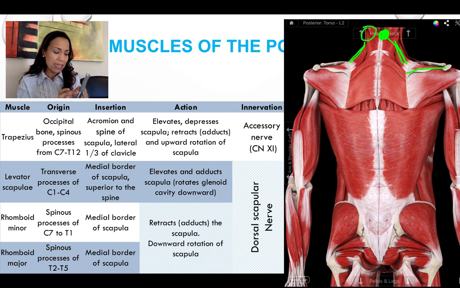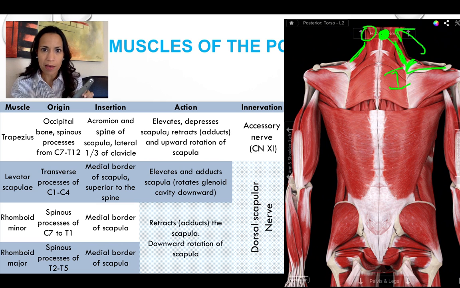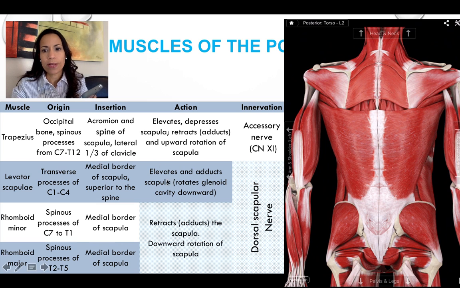It only inserts in the medial border, but superior to the spine of the scapula, right there in that corner, okay? So when you bring the insertion towards the origin, you can elevate the scapula, right? That's easy. Now, levator, I'm going to tell you that later. Okay, let's go. Oh, sorry.